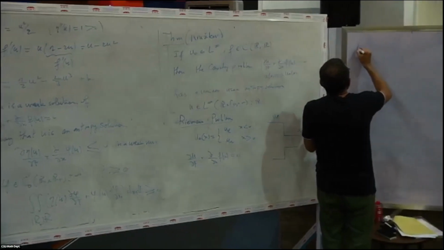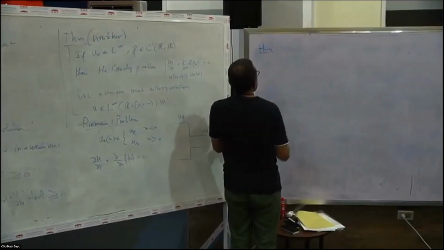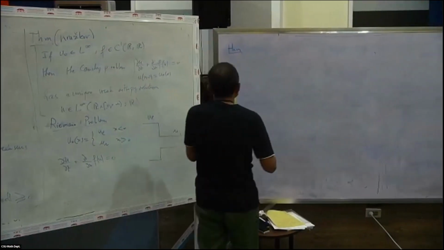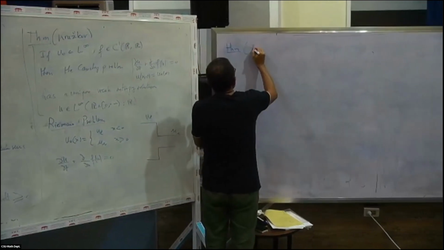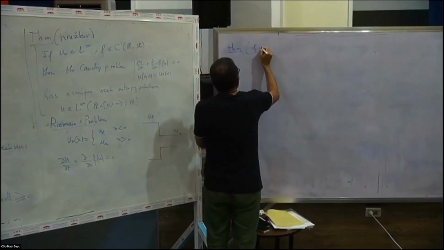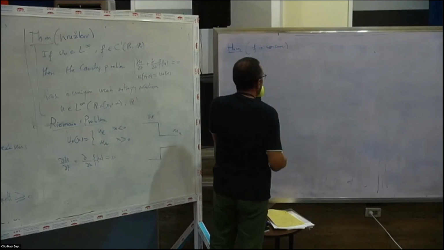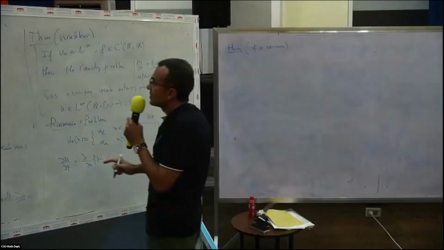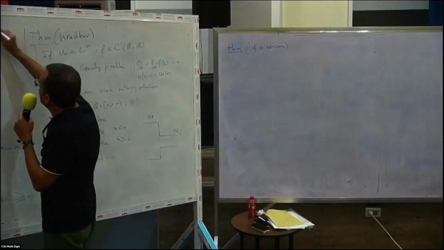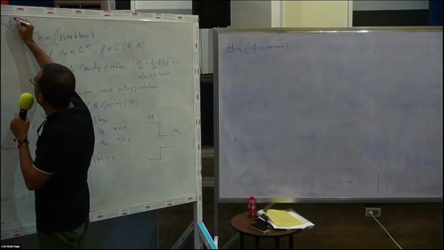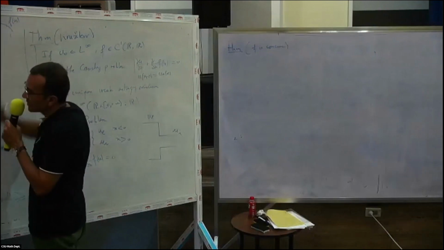So, theorem. Assume that f is concave, because in the case of traffic flow, f of u is like this, remember, between 0 and 1, so it's concave.